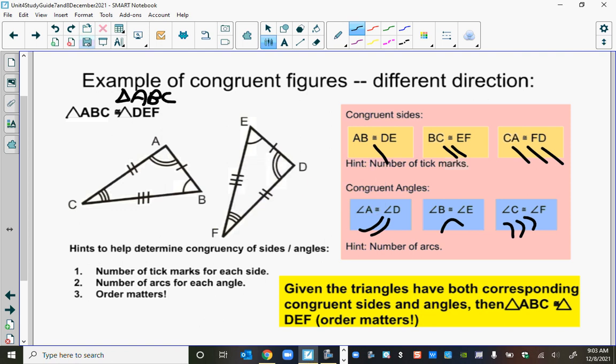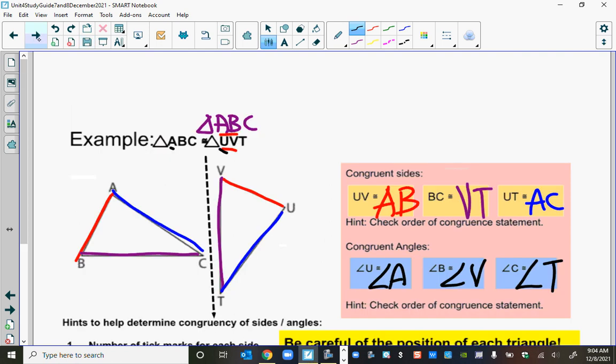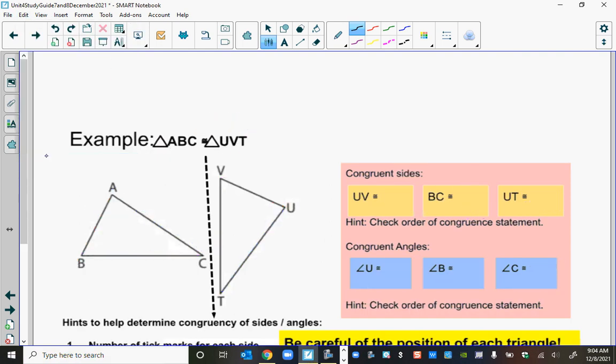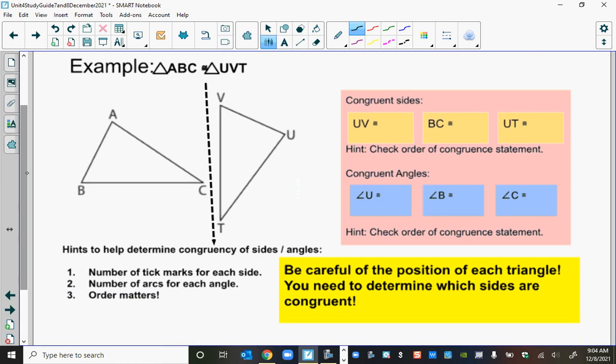Okay. Next one's going to be a little bit different because there aren't going to be any markings on your next triangles. You're not going to see any markings on this triangle. Again, take your congruent statement, write one either above or below the other, because that's going to help us determine which sides and angles match with each other.